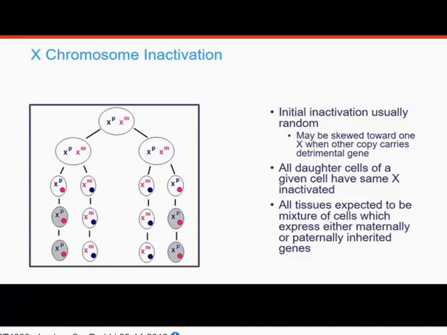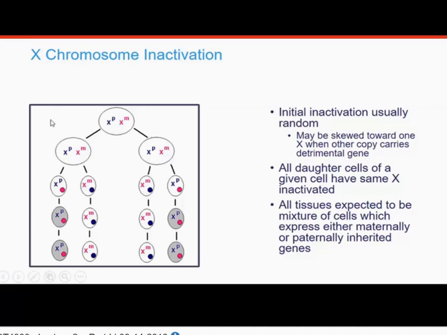Females get one X from mom, one X from dad. Which one's inactivated? Well, in most cases, it's a random inactivation. Each cell that has two active X's will basically choose which one to inactivate.